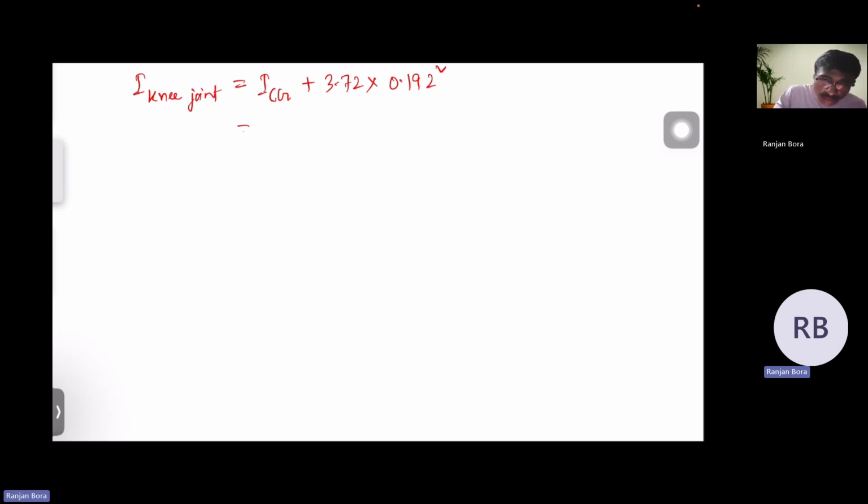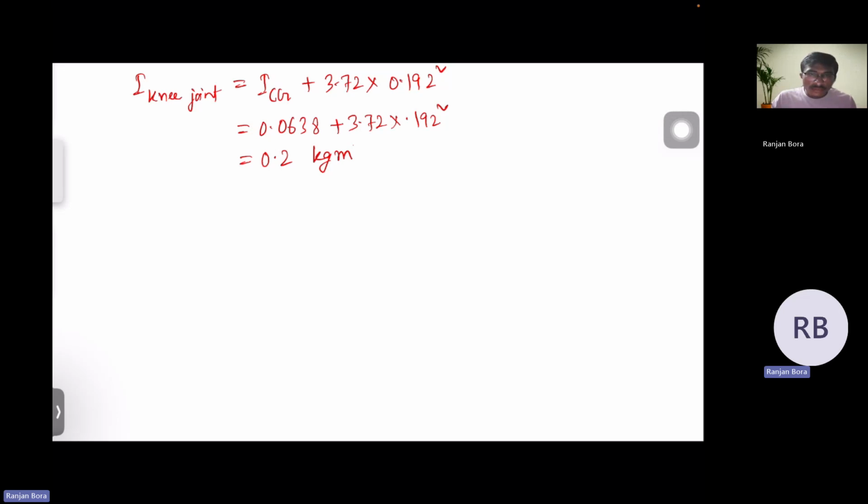I about CG was 0.0638 plus 3.72 into 0.192 square. It was 0.2 kg meter square.